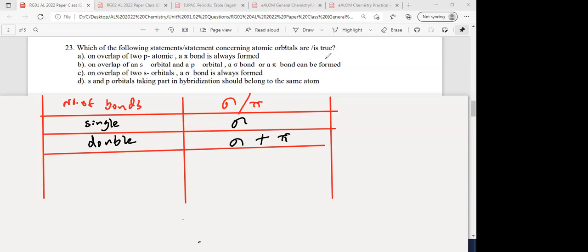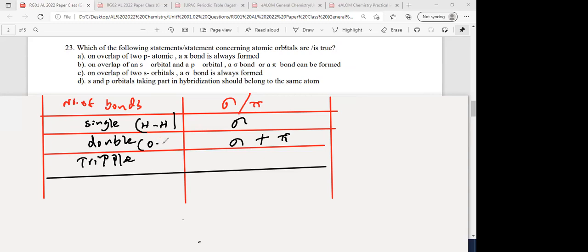And when there's a triple bond, say I'll give one example, H-H for single, double bond O=O like that, triple bond N≡N like this. So what happens in a triple bond? The first bond is always sigma and the other two will be pi bonds. Is that clear?